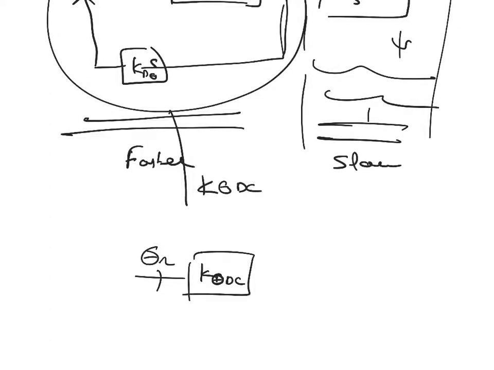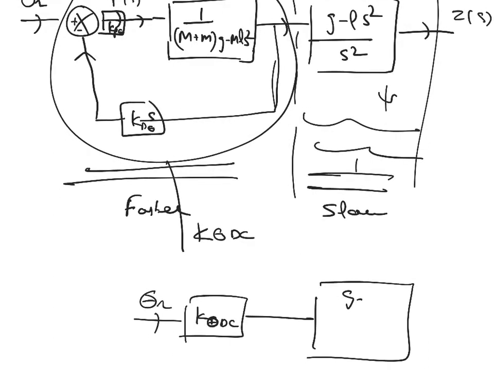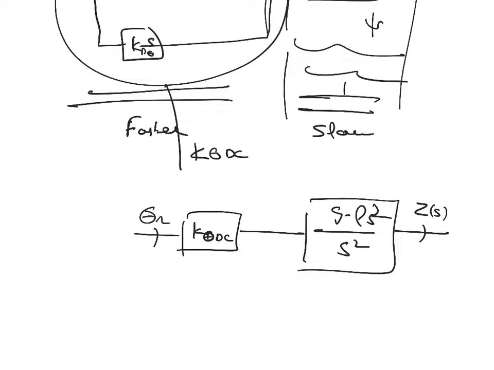And then this goes to the other loop, which is G minus, what is that, LS squared by S squared, where I'm getting Z of S. So this is what we have.